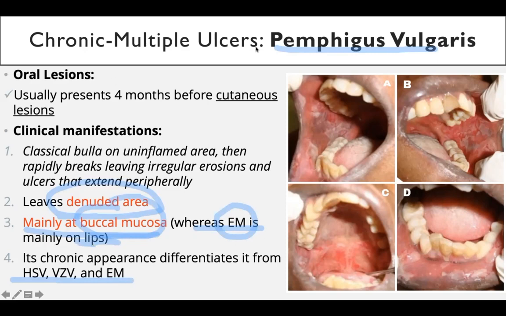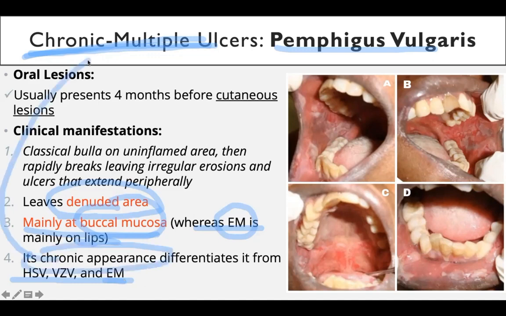Other than that, because it has a chronic clinical picture, it will take time. That's why PV is different from herpes simplex virus causing oral ulcers, varicella zoster virus causing oral ulcers, and erythema multiforme causing lip or oral ulcers, because it has a chronic appearance.